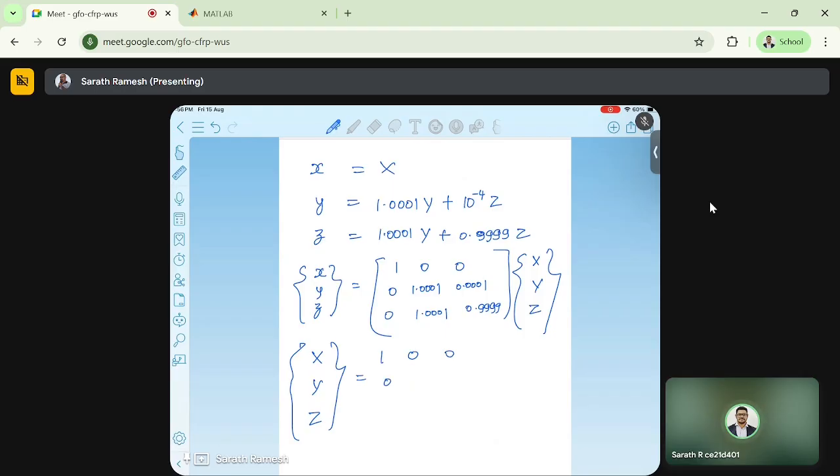Now I'll use a calculator so that the problem will be solved easily. Instead of solving those equations, this is an elegant and easy way.